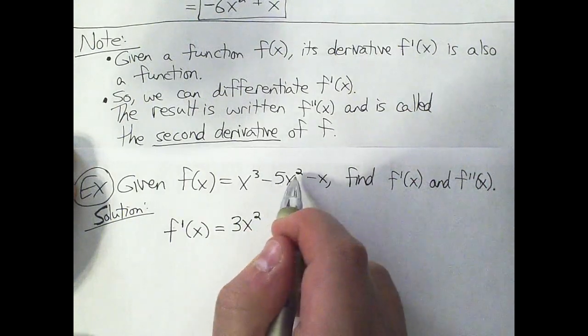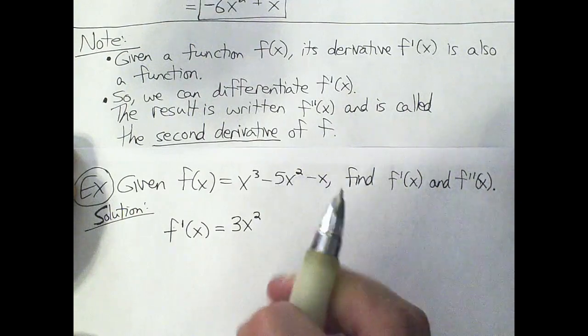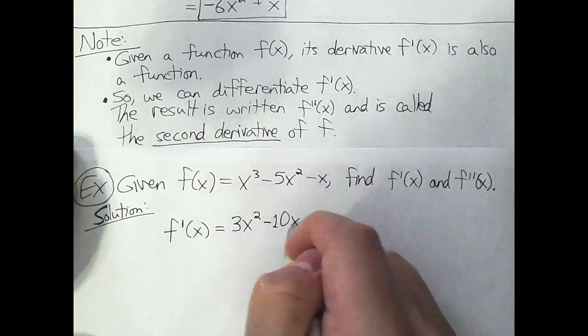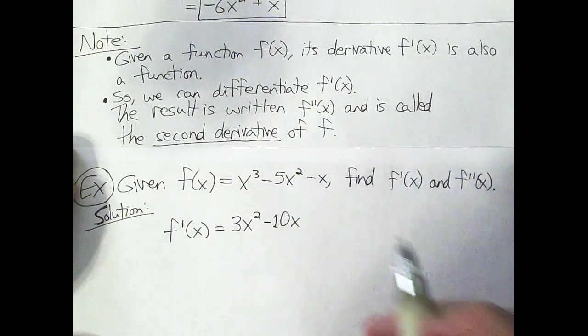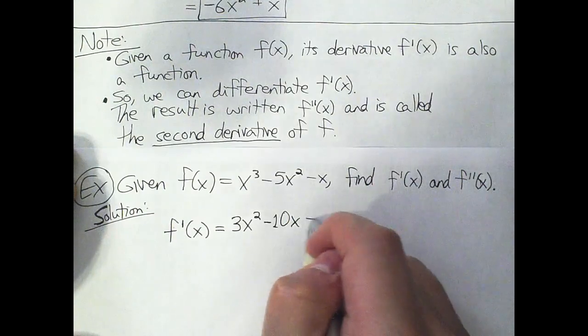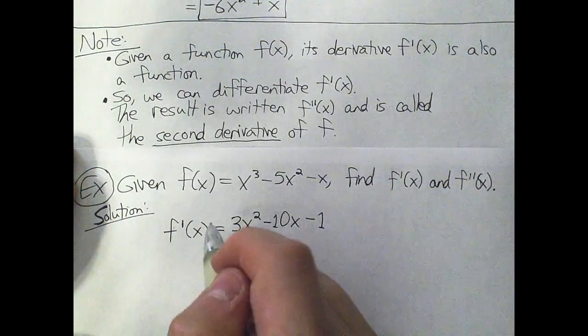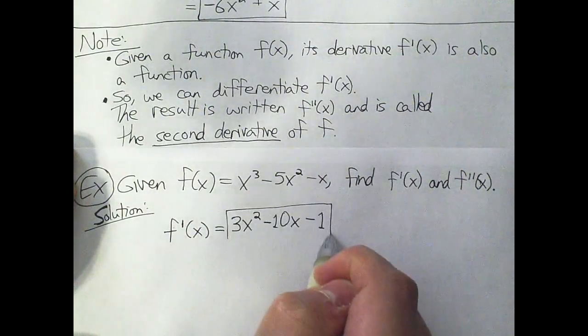Minus 5, and then there's an x squared. So the 2 is going to come down and get multiplied by the minus 5 to give me minus 10. And it's going to be x to the 1 instead of x to the 2. And then minus x is going to give me minus 1 because we said the derivative of x is 1. So that's part of the answer. It wanted us to find f prime.